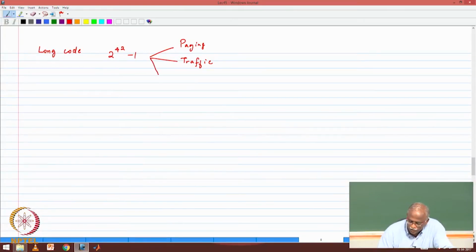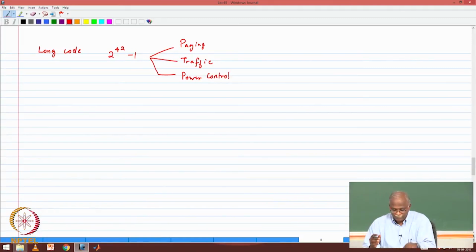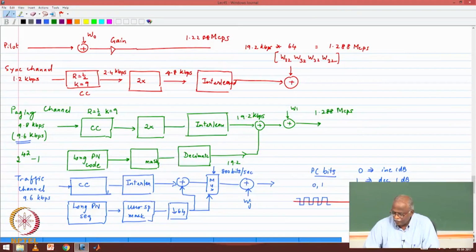It is also used to tell you where to insert the power control bits, 800 of them per second. The locations where you puncture and insert are determined by the long code, and of course the value you insert depends on whether the base station wants you to increase or decrease the power.